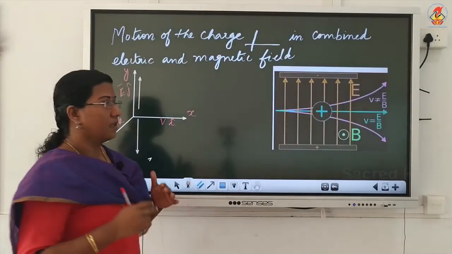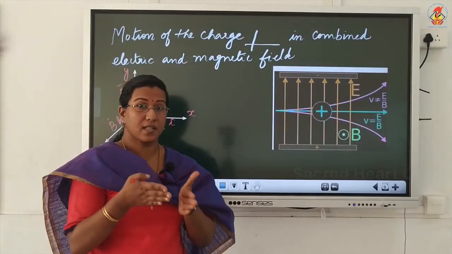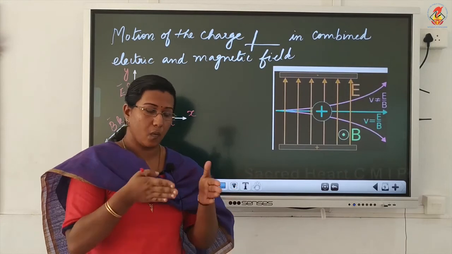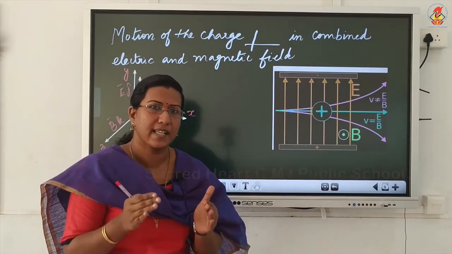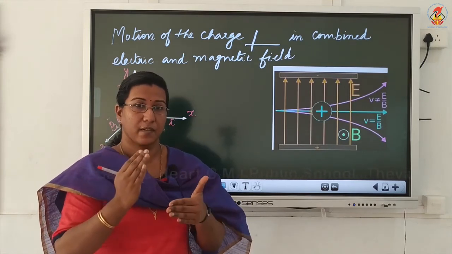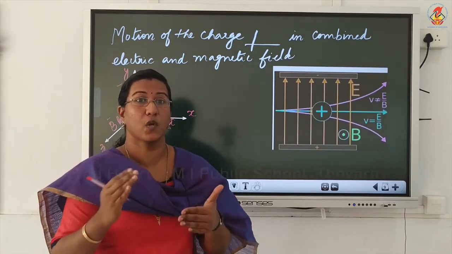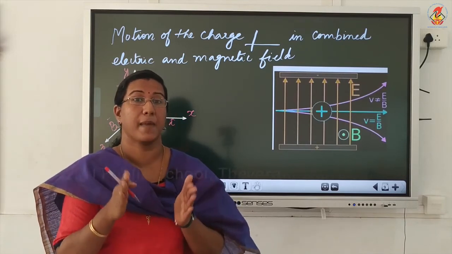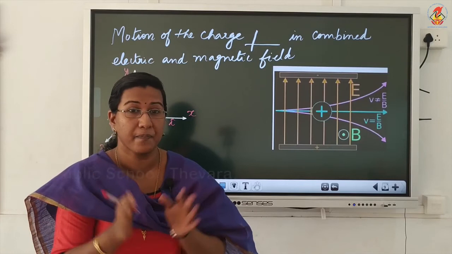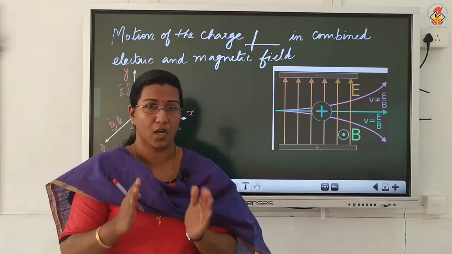Okay. So, we discussed the motion of the particle when it enters a uniform magnetic field. Next, we are going to see the force experienced. We know the equation to find the force experienced by the charged particle when it moves in a combined electric and magnetic field, and that force is known as the Lorentz force.